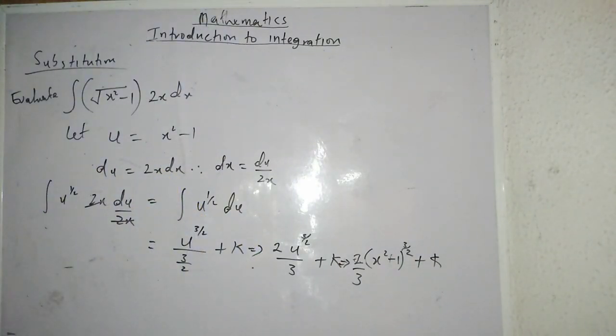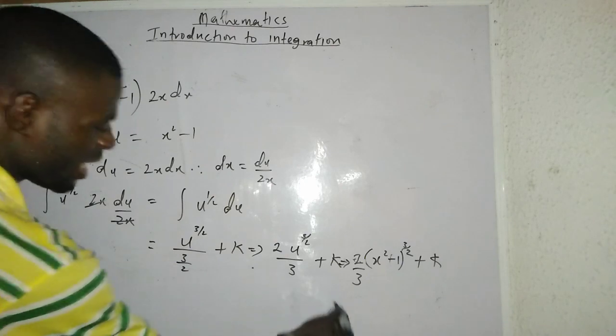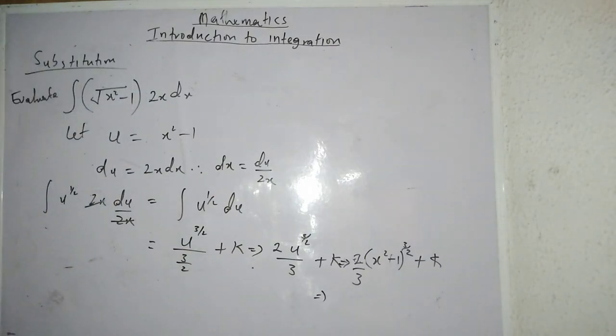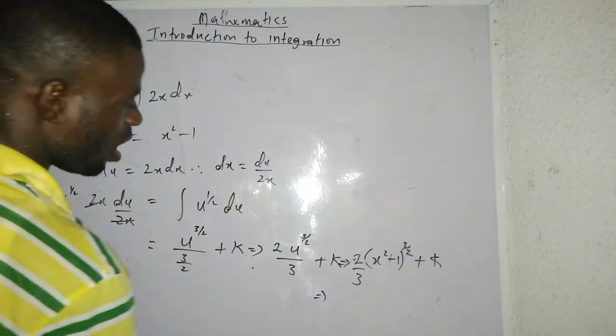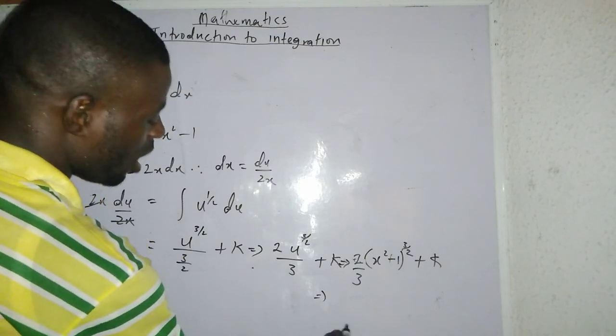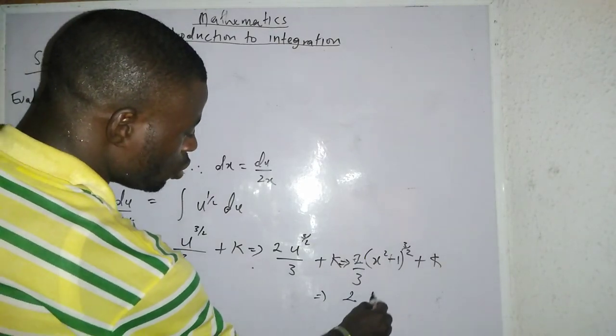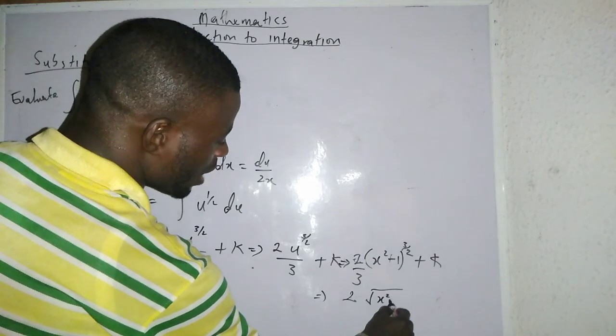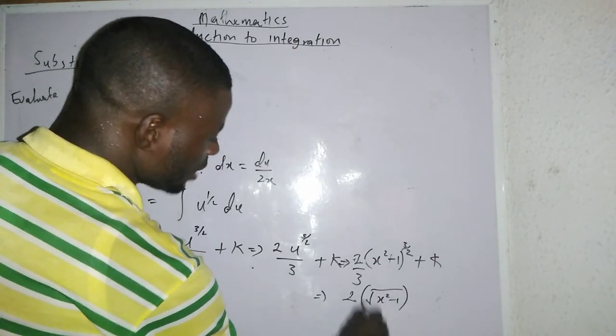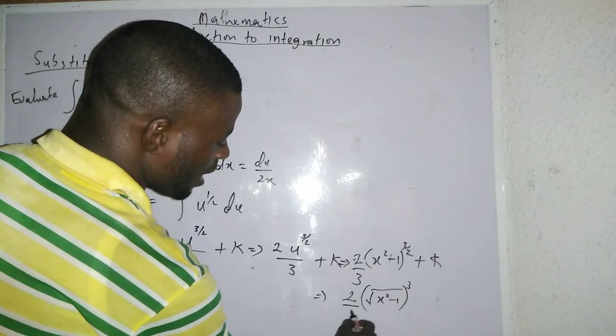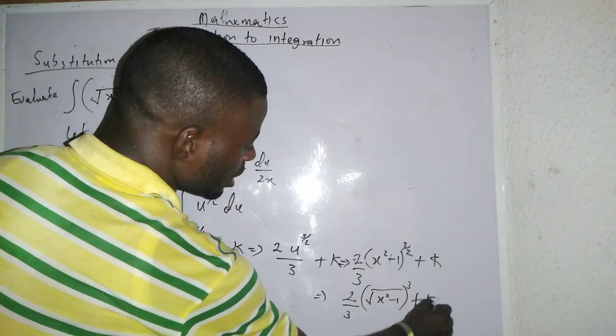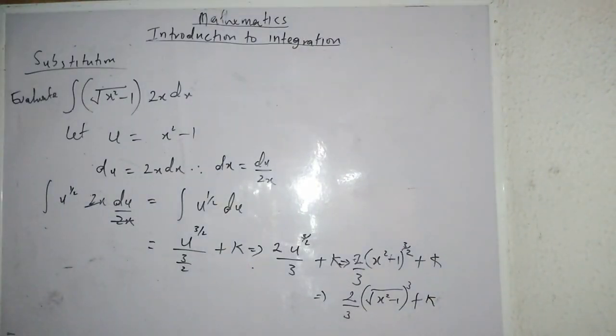I can stop here, but I can also solve it further. I can say 2 root of x squared minus 1, bracket to the power 3, divided by 3, plus k. That is my final answer.